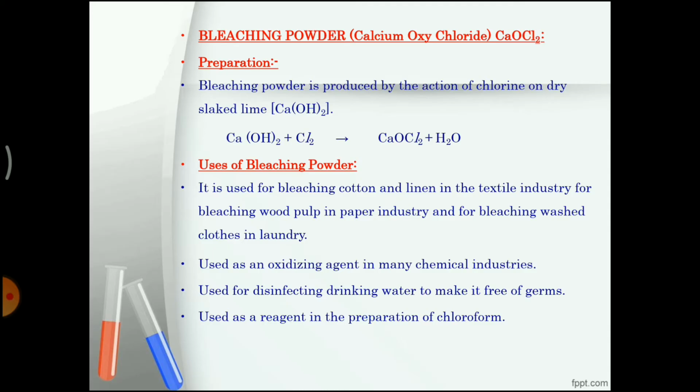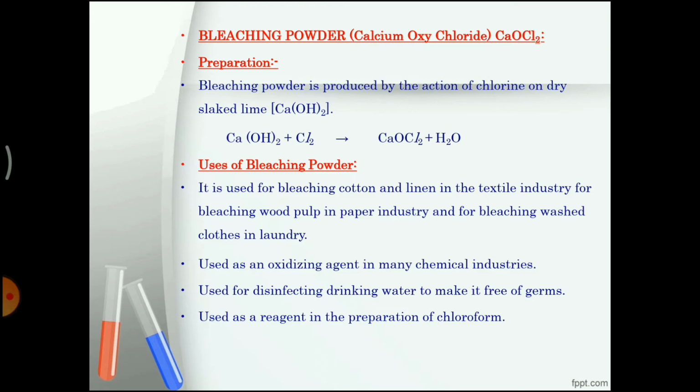Bleaching powder is produced by the action of chlorine on dry slaked lime. Slaked lime is calcium hydroxide, Ca(OH)2. Bleaching powder is represented by the formula CaOCl2, calcium oxychloride, though the actual composition is quite complex.